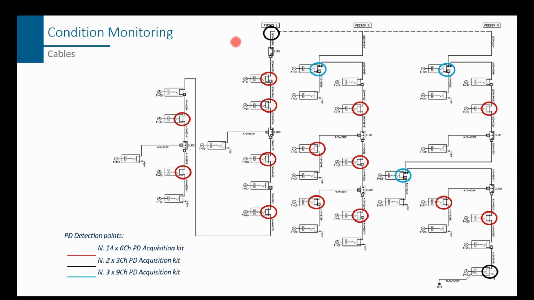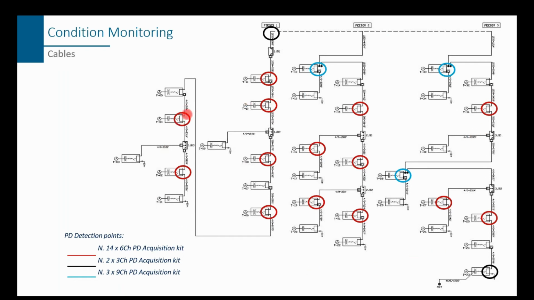And the black one is more like a junction box. So here we only require 3 channels of PD acquisition to monitor one direction. So with that configuration, we can monitor the entire wind farm.